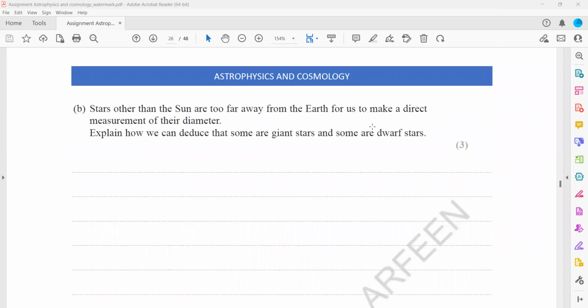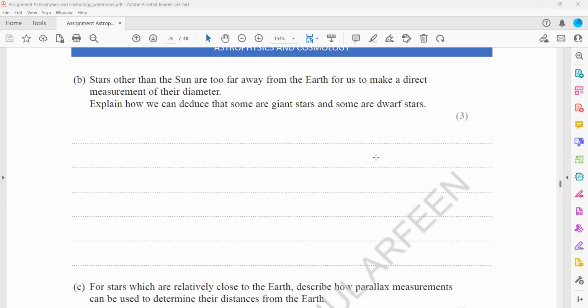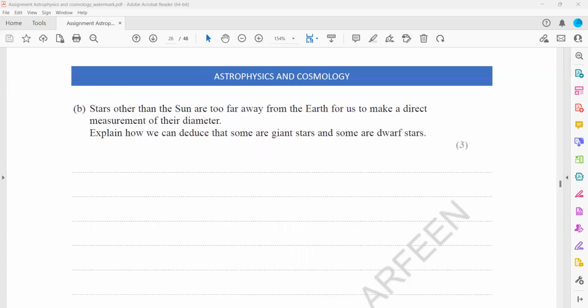Stars other than the sun are too far away from the Earth for us to make a direct measurement. Explain how we can deduce that some are giant stars and some are dwarf stars. How can we identify the size of a star? What we actually do is determine the luminosity and the temperature.